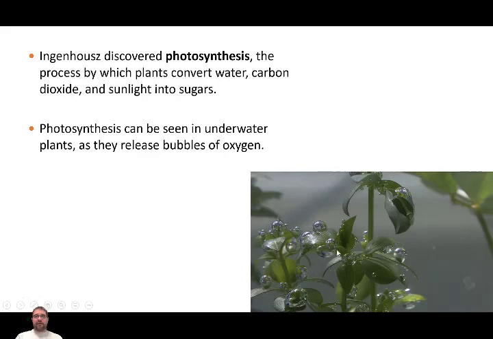Now, here's a big component to photosynthesis. We often think that plants create oxygen and they take up carbon dioxide. This is very true, but I want you to think about it from a plant's perspective, or from another organism's perspective other than humans.